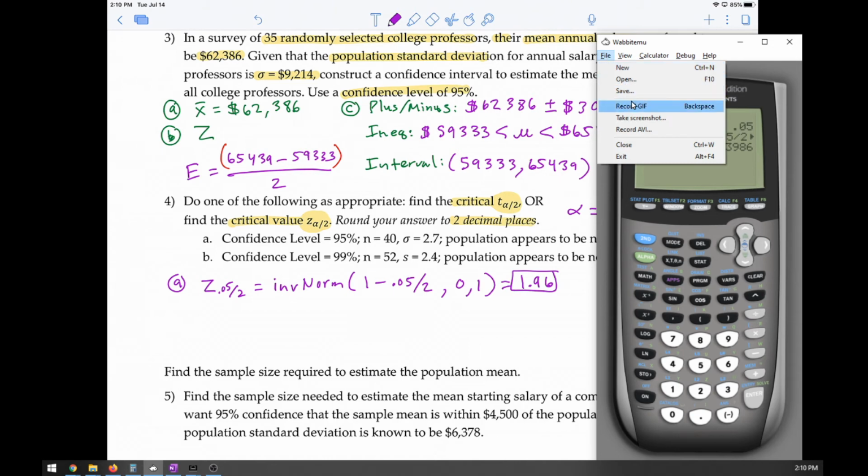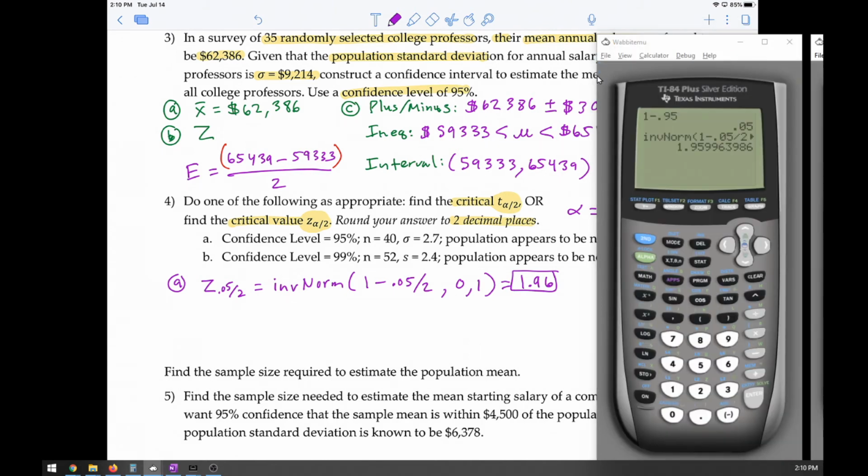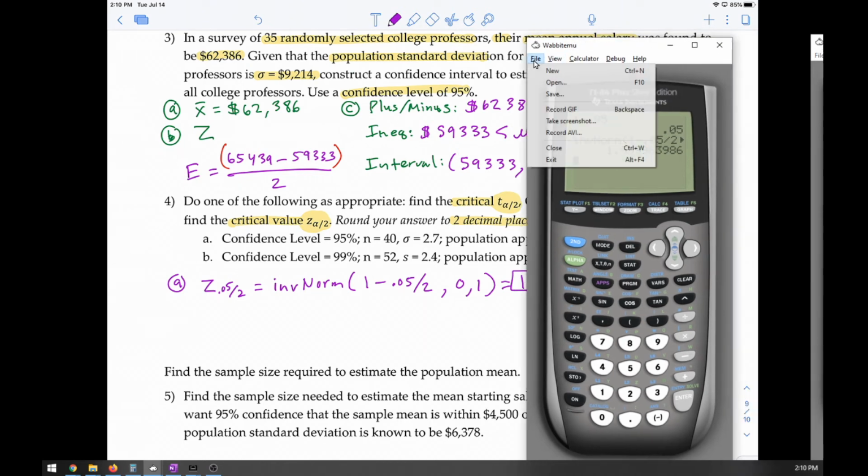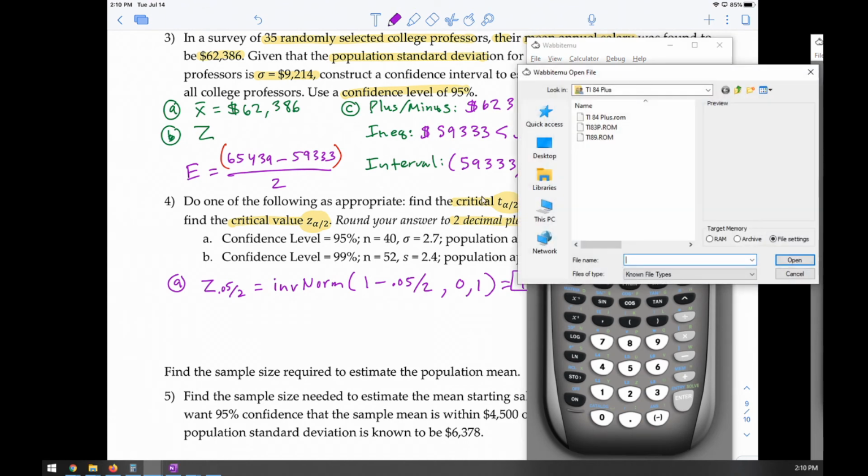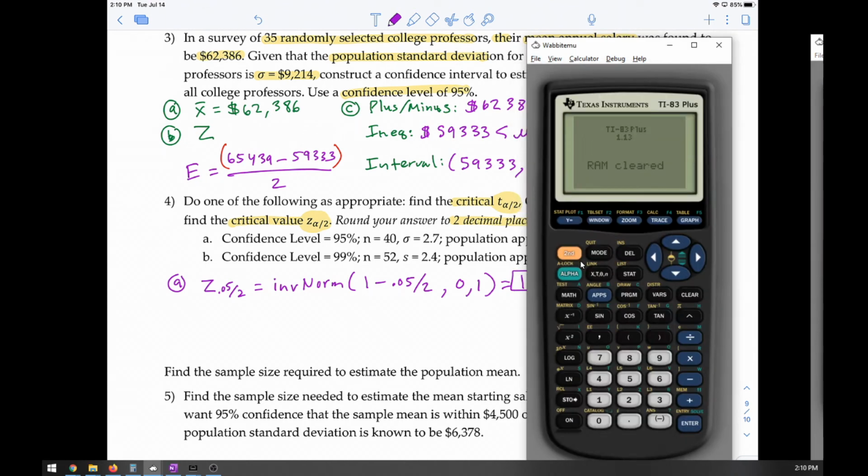Those of you guys who have the TI-83, I'll show you. Just as a reminder, you're going to get an output that looks like this, right? So you're not going to get the screen that we had with the TI-84.